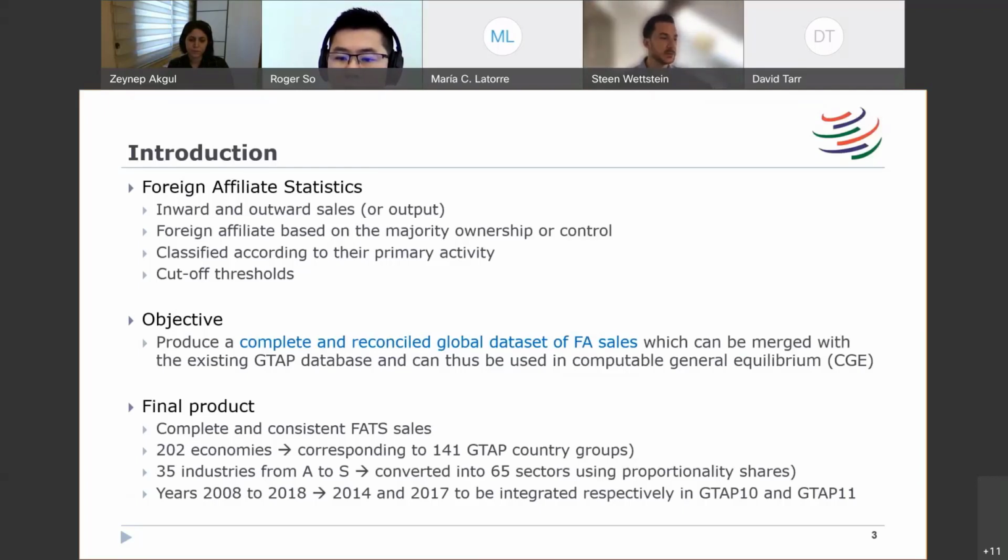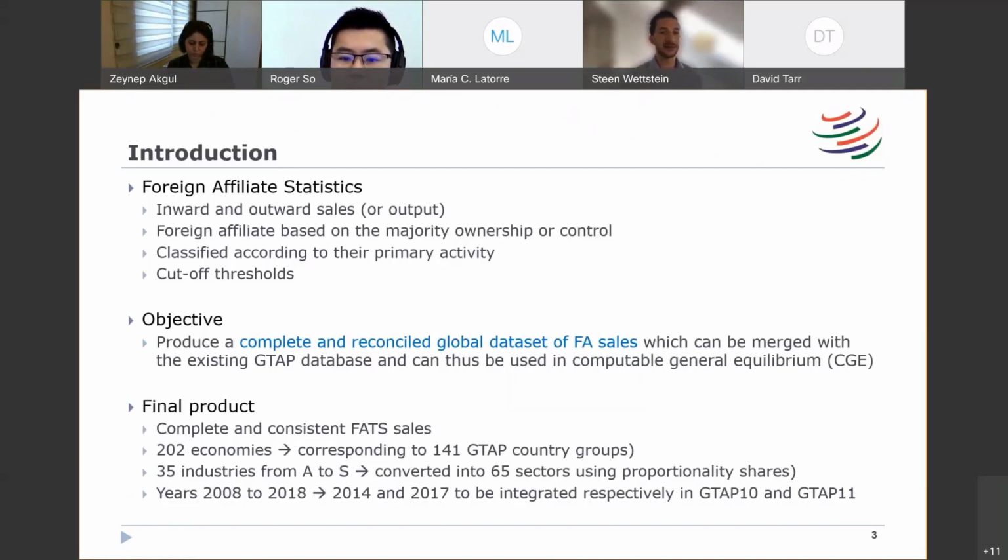Regarding the time span, we work with the years from 2008 to 2018, even though for GTAP purposes we are interested only in 2014 and 2017, which will be integrated respectively in GTAP 10 and GTAP 11.